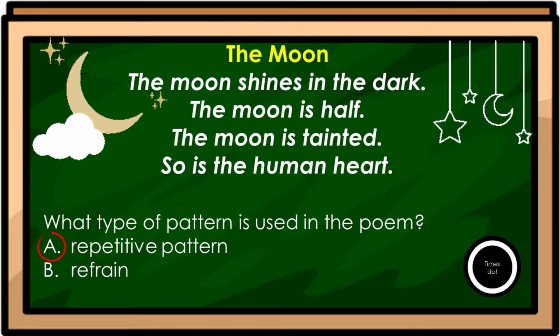If your answer is repetitive pattern, then you are right. So the type of pattern used in this poem is repetitive pattern. So when we say repetitive pattern, it refers to the repetition of words. So the word the moon is being repeated in this poem.